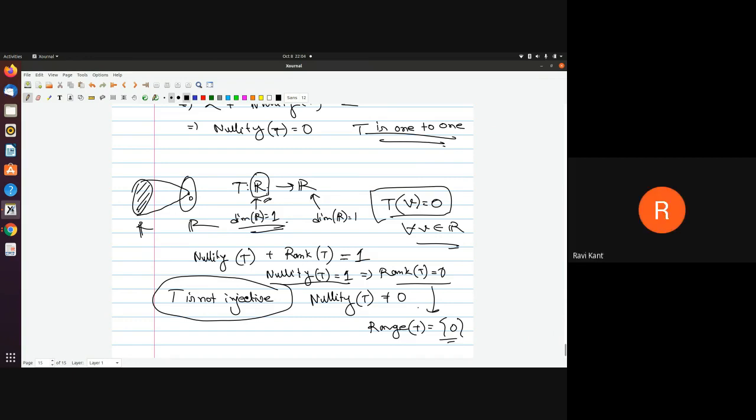Nullity can be 0 or 1, right? But T is not injective. That means nullity is non-zero. So what are the possible options for nullity? 1 only, right? Nullity must be 1. Correct?